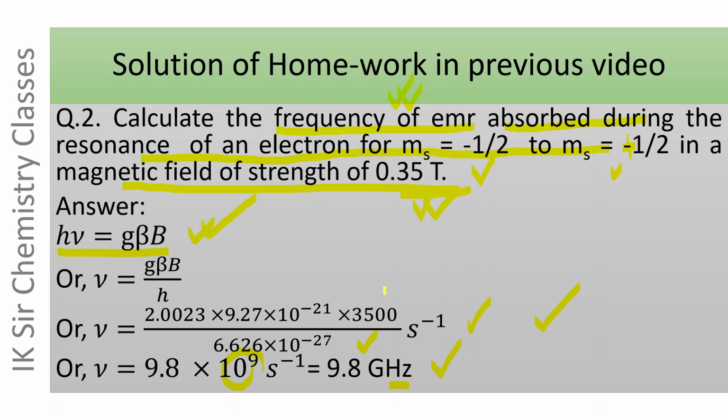It means the free electron will exhibit resonance from ms equals minus half to ms equals plus half in a spectrometer operating at applied magnetic field strength of 0.35 Tesla by absorbing this electromagnetic radiation.